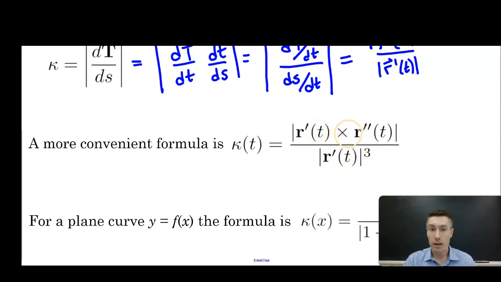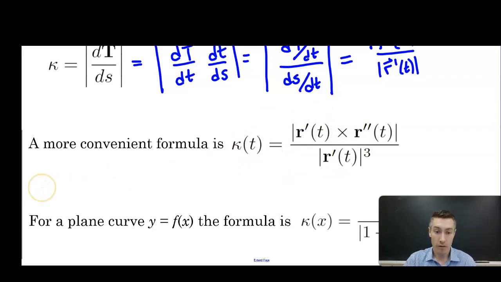This is just easier because often if we're given r of t, the vector function, we can just differentiate, find r prime, find r double prime, do a cross product, some magnitudes, and then get our curvature. The derivation of this is interesting to look up, but I'm not going to dive into that in this video.